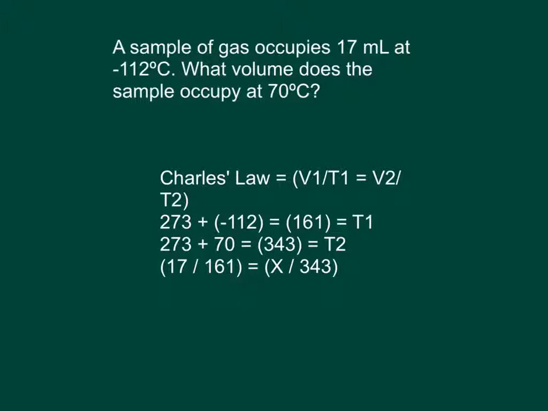So 17 divided by 161 equals 0.1056. So that equals x divided by 343.